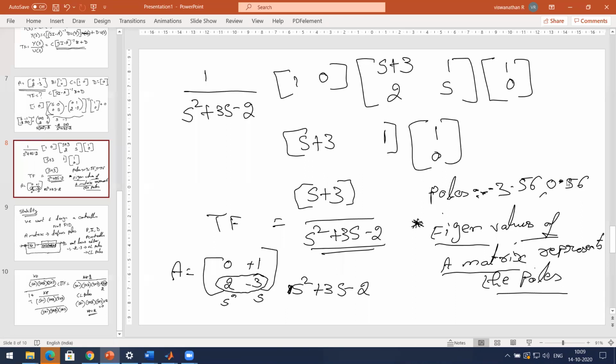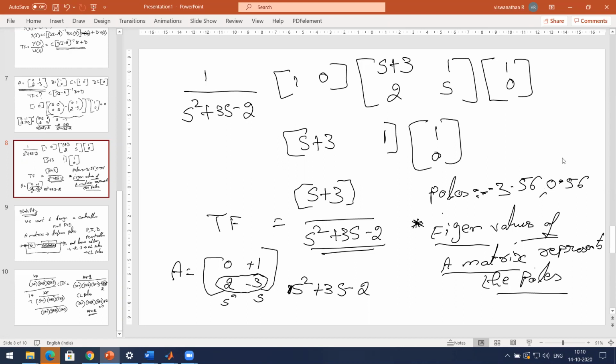Now, where should I place the poles to make the system stable? Instead of -2, probably +2 would be a better choice. That's how you identify which pole to move and where to move.